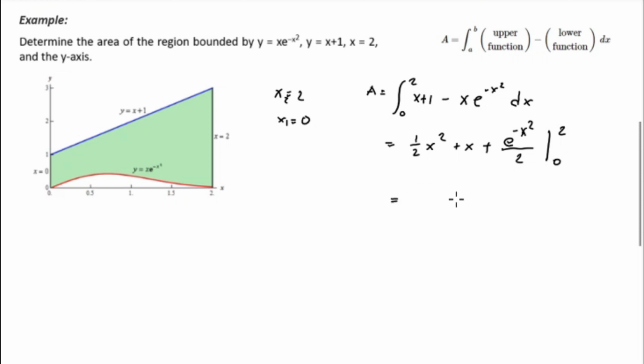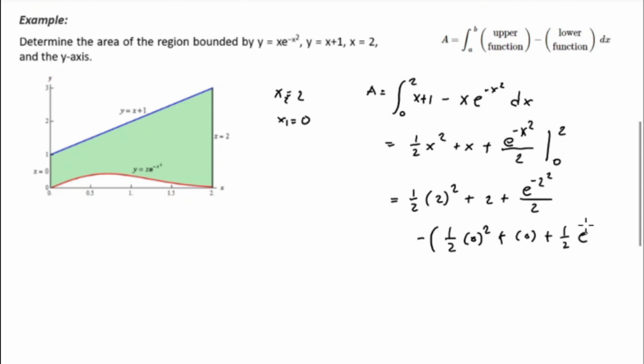This time we substitute. So 1/2 of 2 squared plus 2 plus e^(-2²) all over 2, negative of 1/2 of 0 squared plus 0 plus 1/2 of e^(-0²).